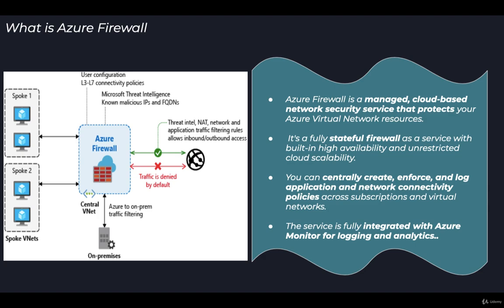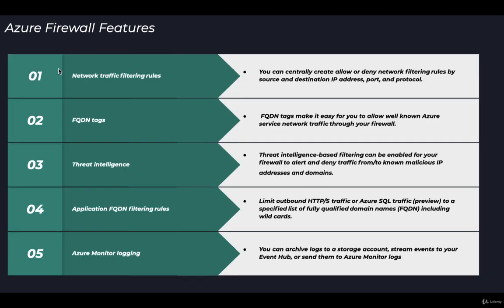Now we'll move to the different features we have in Azure Firewall. The first one is network traffic filtering: you can allow certain traffic and deny certain traffic depending on your organization's need, by applying source and destination ports.